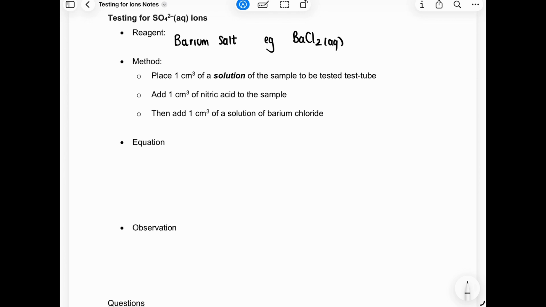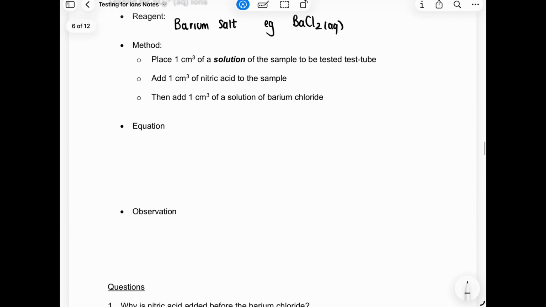And barium carbonate is a white solid as well, an insoluble solid. And so if we are making a white solid from the water, we won't know whether we've made a white solid of barium sulfate. It will be a false positive. So we add nitric acid to remove things like carbonates from the water.